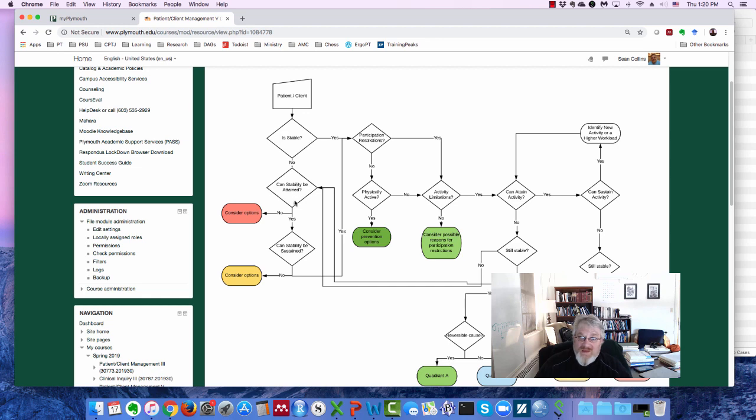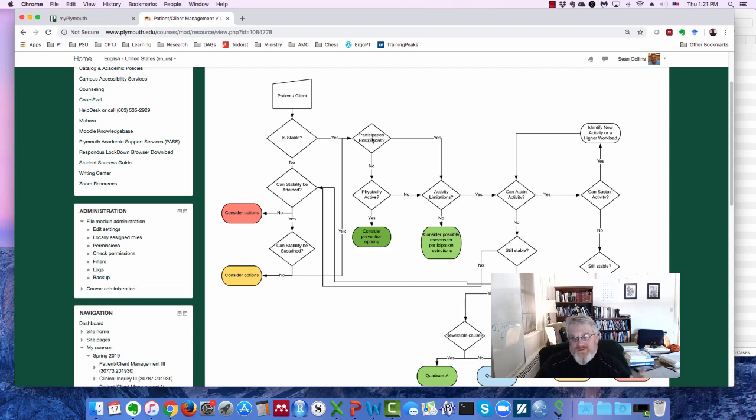So now you've attained stability, and then you can assess whether they can sustain that. So immediately there's a return in improved breathing and better ventilation that leads to better respiration, that leads to better oxygenation. And then you wait a little while to see whether that stays. You might even listen to the lung sounds, see if they've become cleared. And through that process, you've decided that yes, they're sustaining this right now, so I can proceed with examining the participation restrictions.